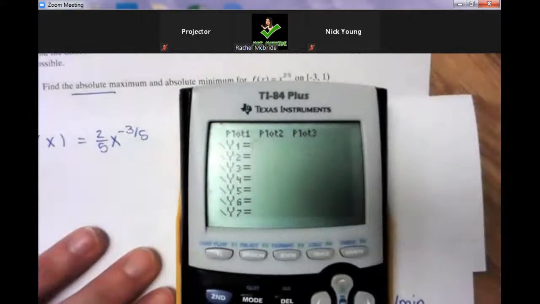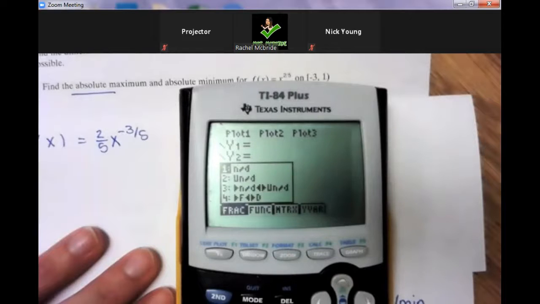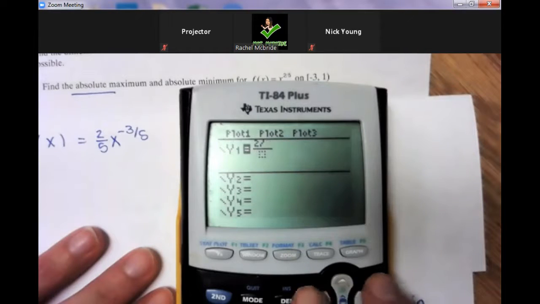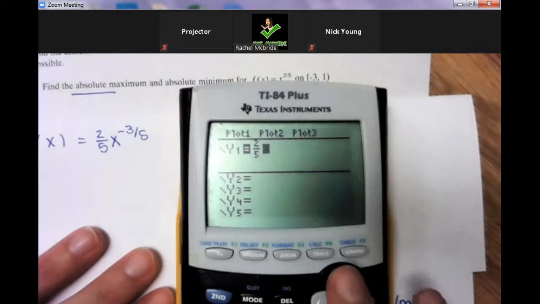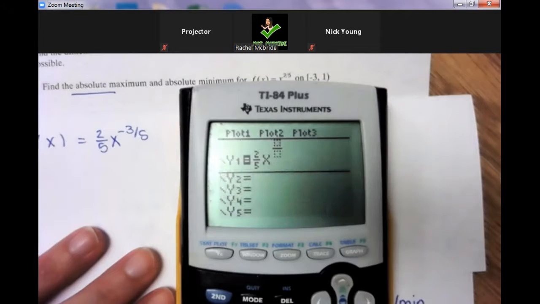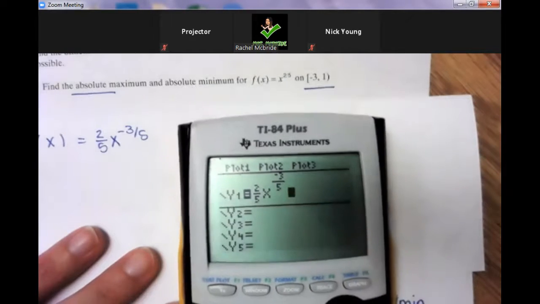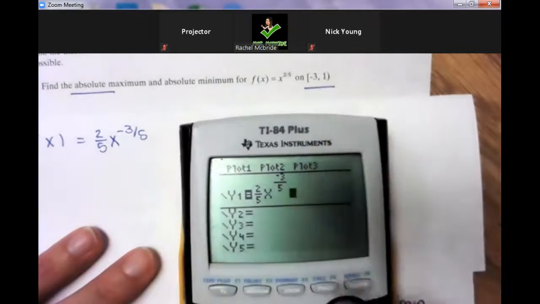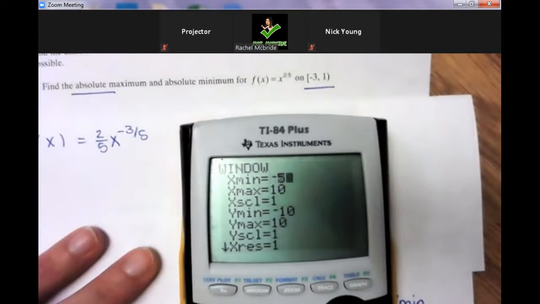So you would go over here to your calculator. You would type in 2/5 x to your negative 3/5. And then I would change my window, since it's -3 to 1, I would change my window to -5 to 2.